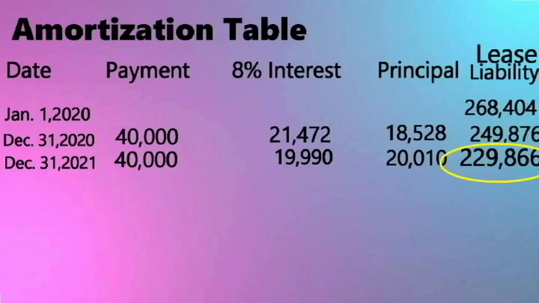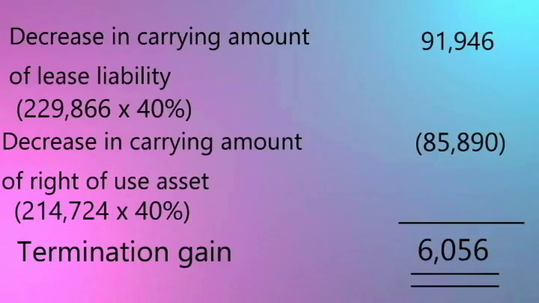So, dito, meron tayong 229,866 times 40% na nakuha nating reduce sa scope of the lease. So, 229,866 times 40% is equals to 91,946. So, ayan, meron na tayo answer sa unang given na decrease in carrying amount of lease liability.